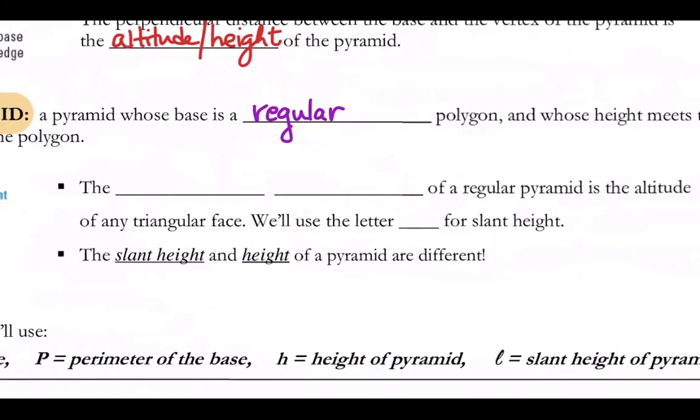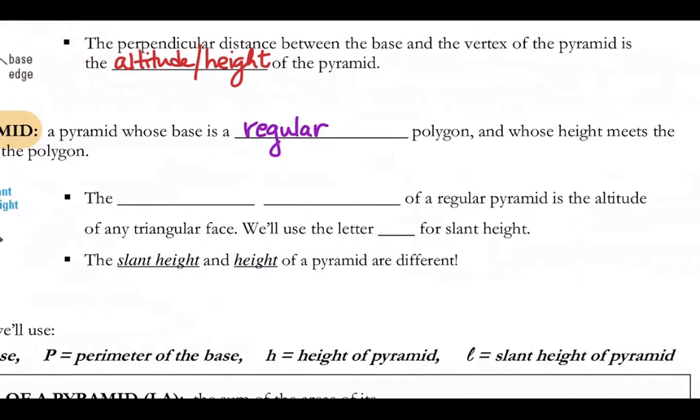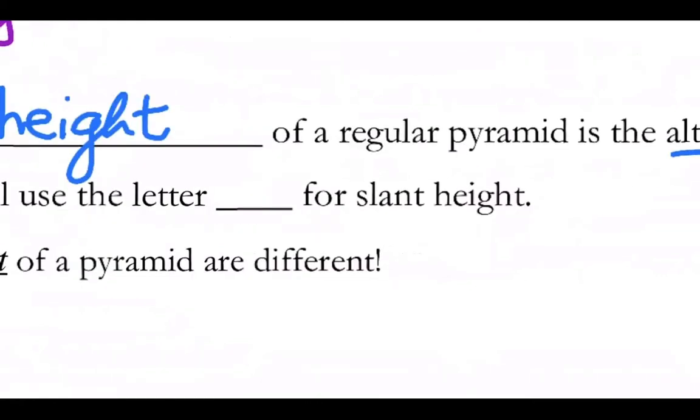So the slant height of a regular pyramid is the altitude of any triangular face. And we use the letter l. It's a cursive looking lowercase l for slant height. I don't really know why, but that's just what we use.